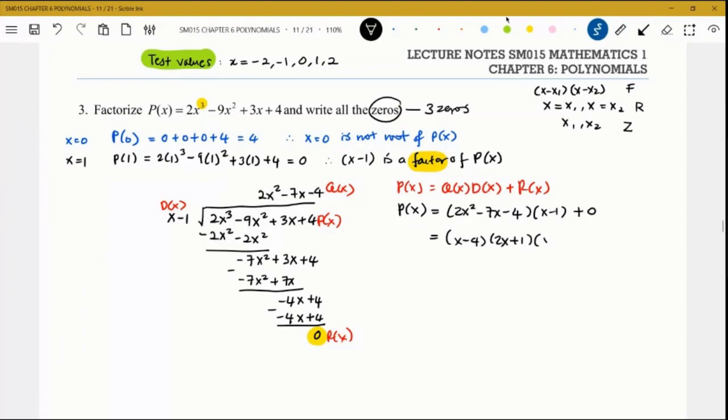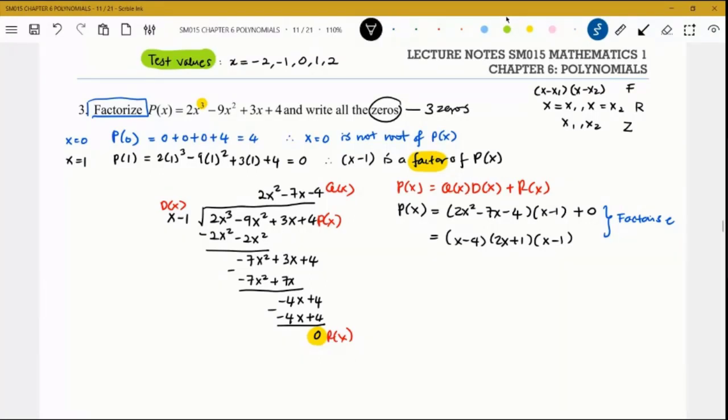Okay, thank you. And then we have x minus 1. So directly we can have three factors. So this is the factorize part, because the question asks to factorize.